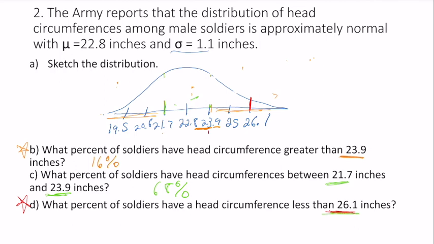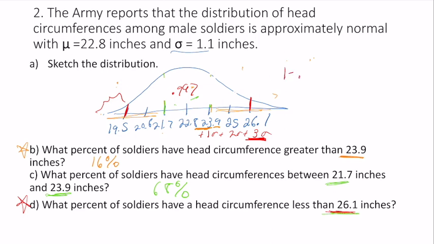Well, 26.1 marks our first, second, third standard deviation. I know that the third standard deviation marks 0.997 or 99.7% of data. So I need to figure out the area in this tail over here.